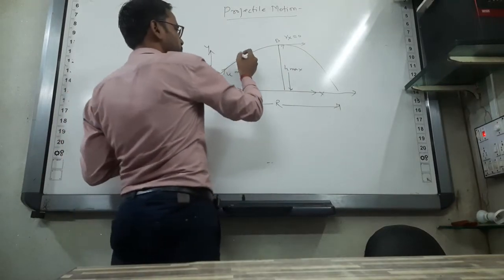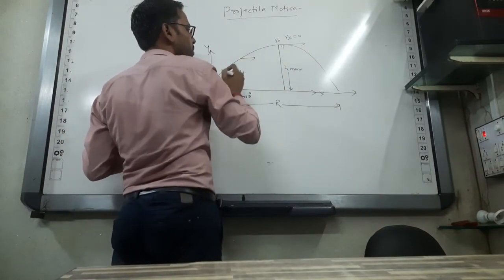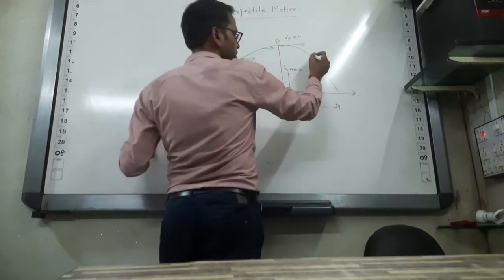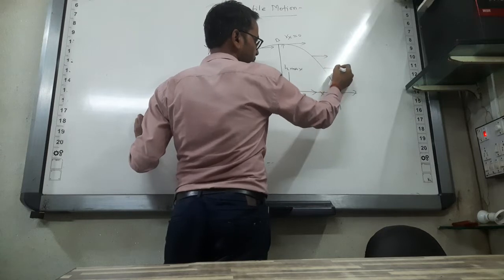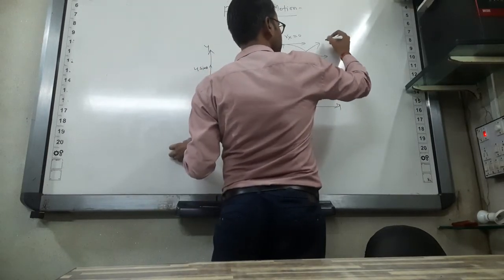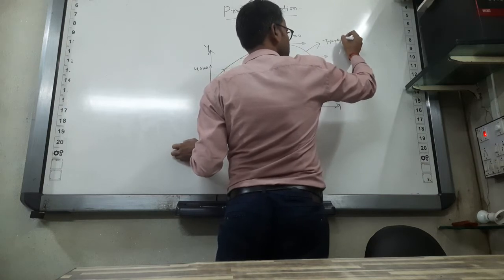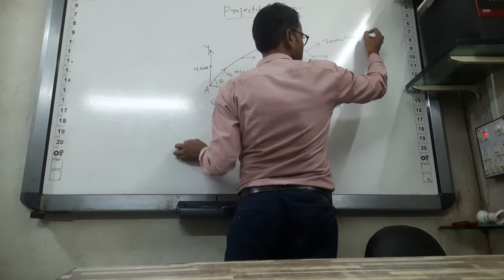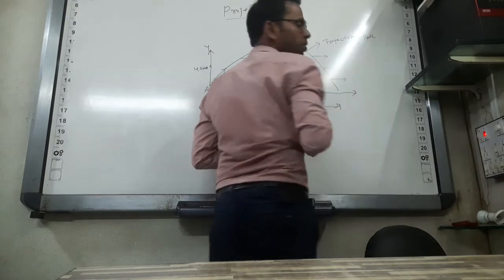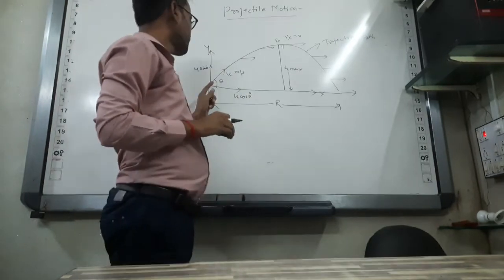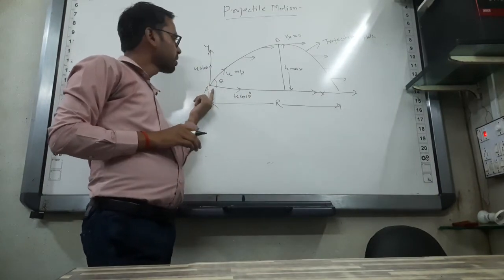And as time increases, the path of the object is known as the trajectory. This one is known as the trajectory or path of the object. Here the ball is placed.